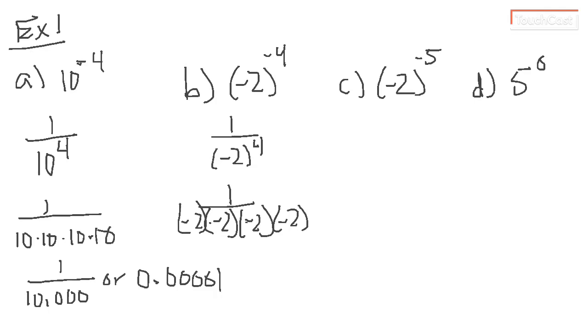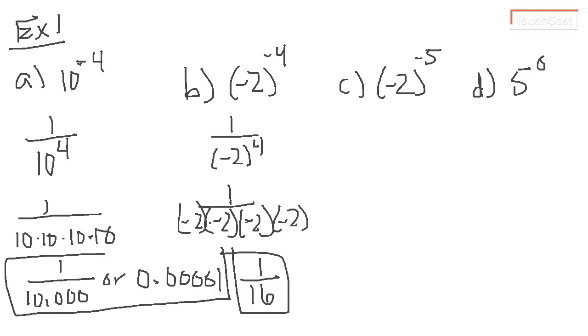Well, negative 2 times negative 2 is a positive 4. Positive 4 times negative 2 is a negative 8. And then negative 8 times negative 2 is a positive 16. So we're going to get a positive 1 over 16 for example 1b.